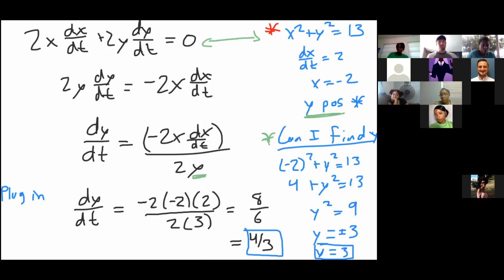Seems like a lot, but once you do enough problems, it's that same process with some small changes from problem to problem. Take the derivative with respect to time on both sides, find out what you want to solve for, plug in all known variables that you have, and then if you need to, find values for other variables.